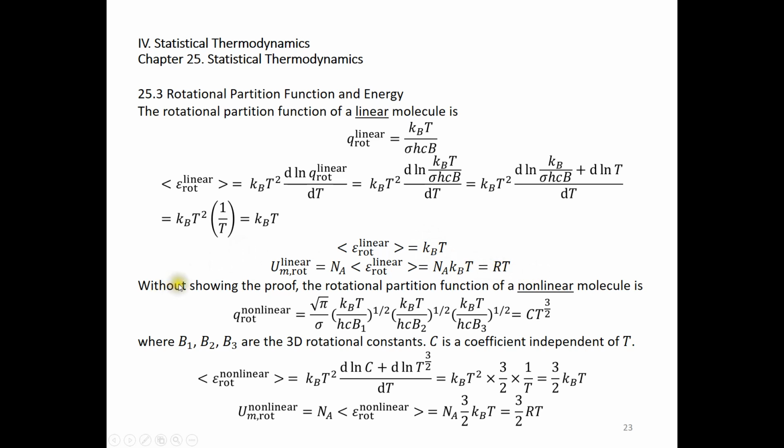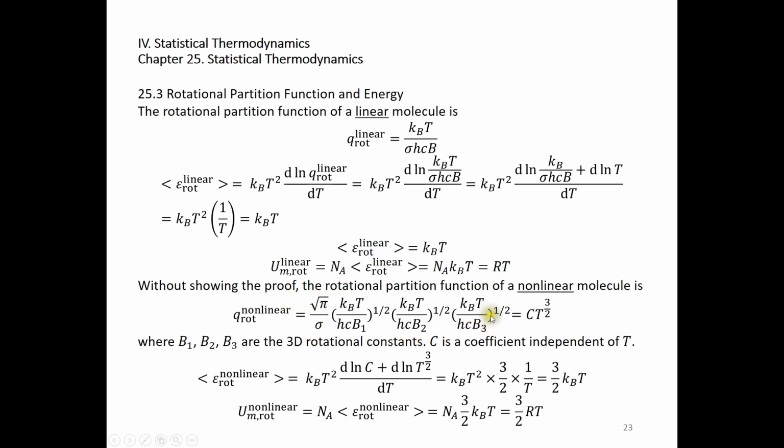Without showing the proof, the rotational partition function for a nonlinear molecule is this. We have a constant here, the square root of pi over sigma, and then multiplied by kBT over hcB1 to the power 1/2, kBT over hcB2 to the power 1/2, kBT over hcB3 to the power 1/2. B1, B2, and B3 are the 3-dimensional rotational constants.